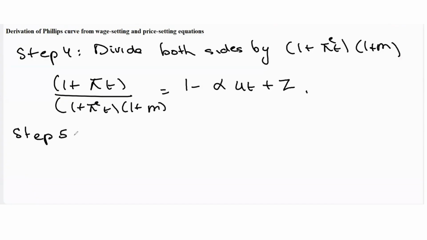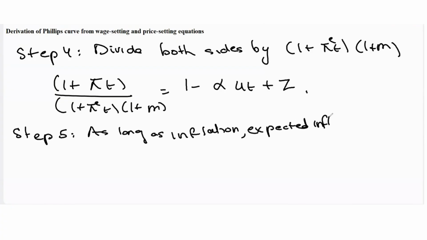Now step 5: as long as inflation, expected inflation and markup are low, the following approximation holds. So we're going to use an approximation now.